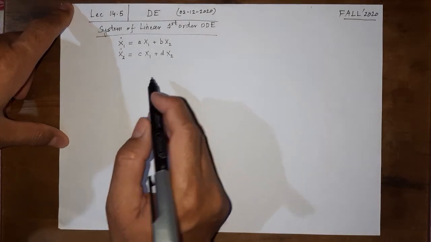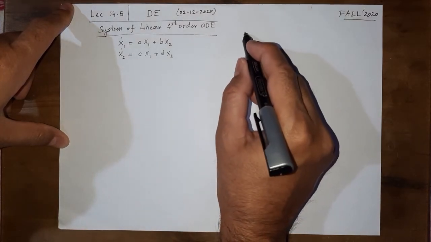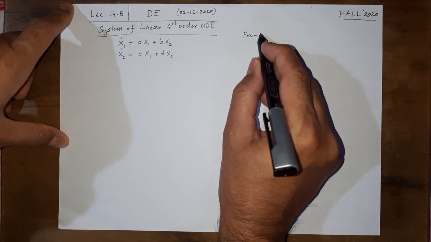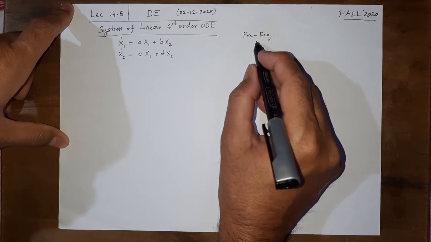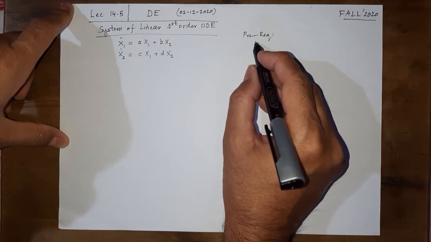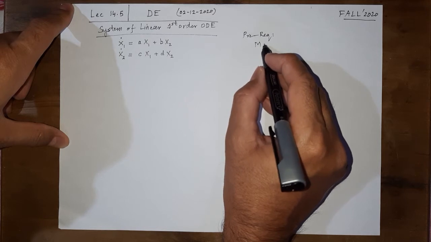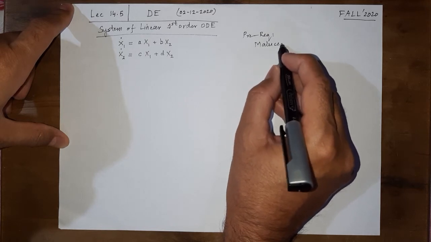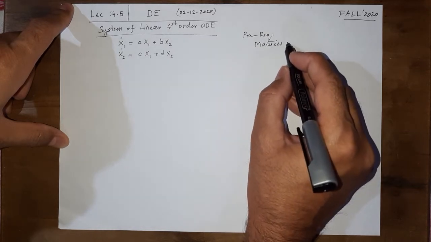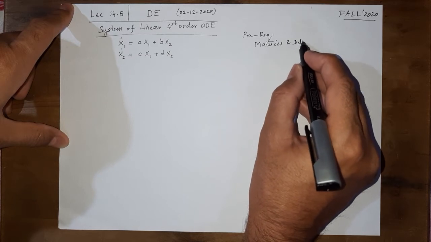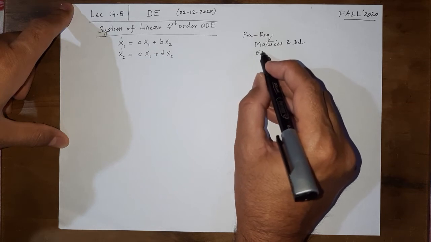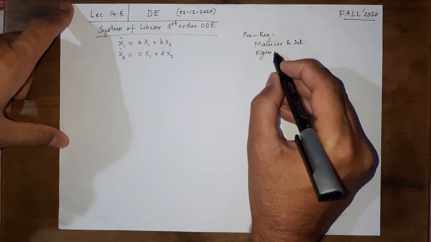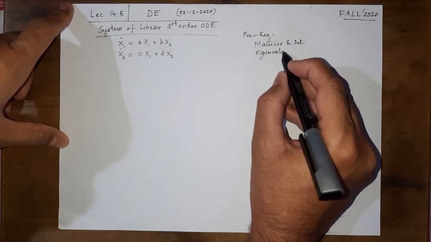In order to be able to solve this, as a prerequisite you are expected to know some matrices. You must have some knowledge of matrices and determinants, and about the eigenvalues problem.